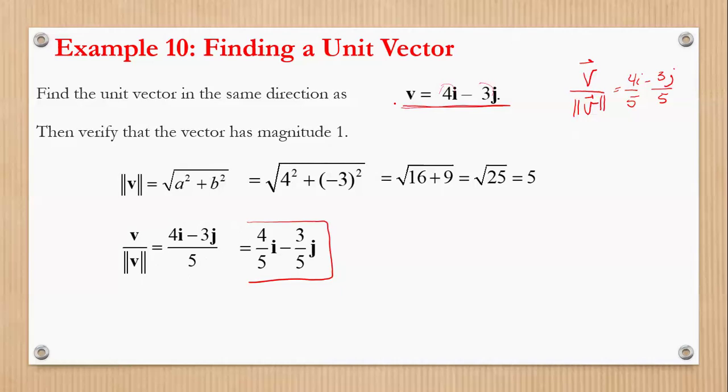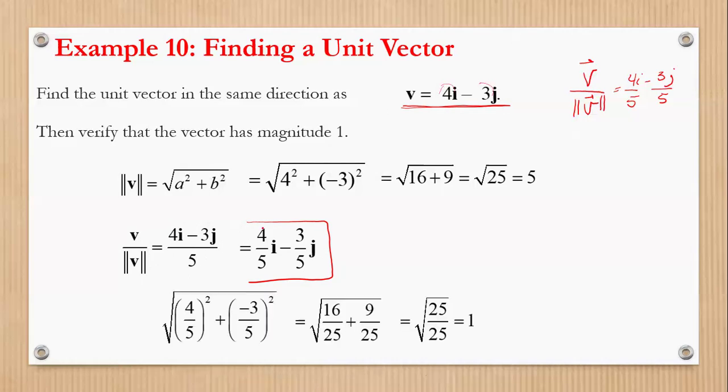After finding the unit vector, if I want to verify that the magnitude of this vector is 1, again I need to use the formula for the magnitude. This time we square 4 over 5 and negative 3 over 5. 4 over 5 squared is 16 over 25. Negative 3 over 5 squared is 9 over 25.